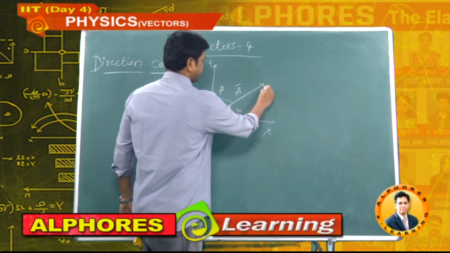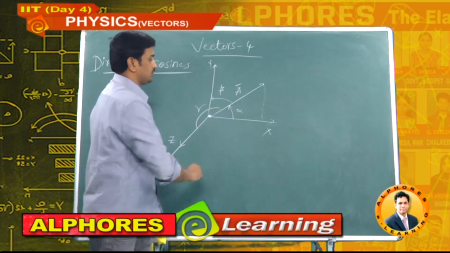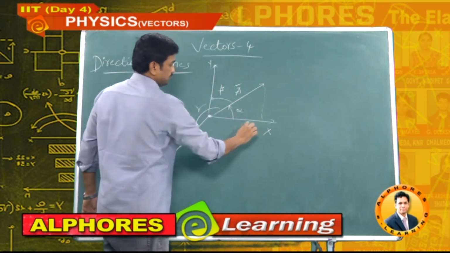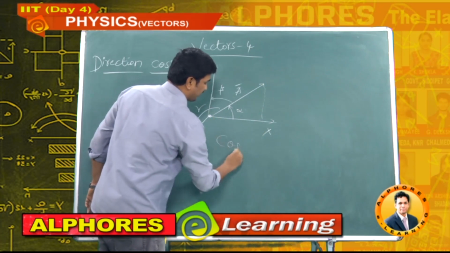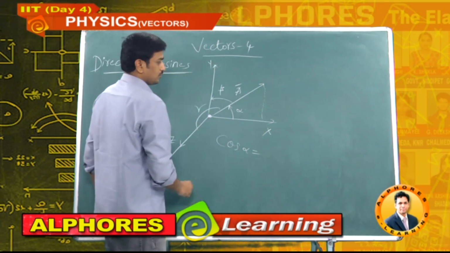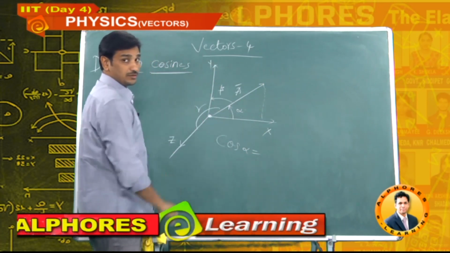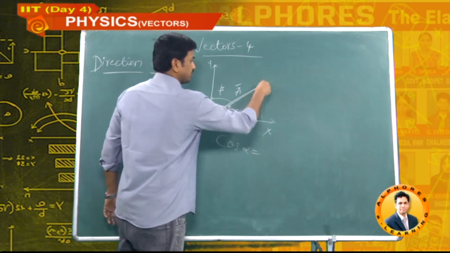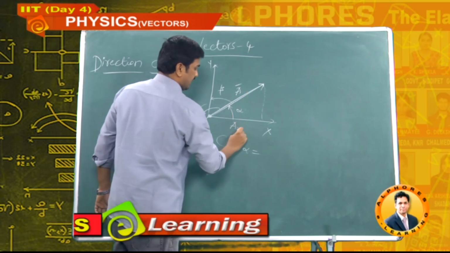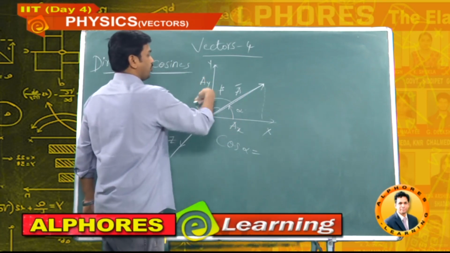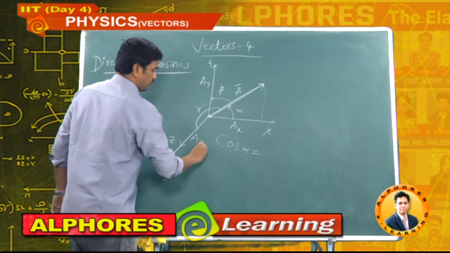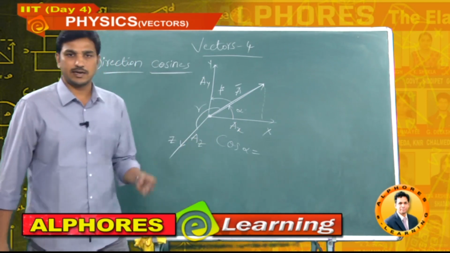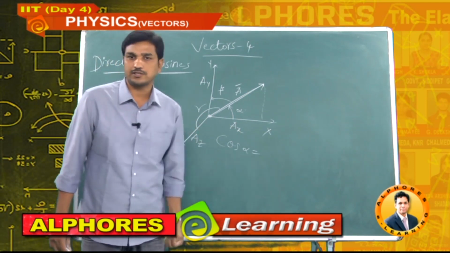See, a right angle triangle. What is cos alpha? Adjacent side by hypotenuse. Now the vector's x component is ax, y component is ay, z component is az. A vector in 3D has three components.